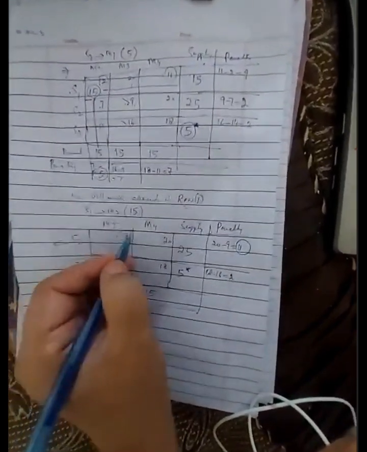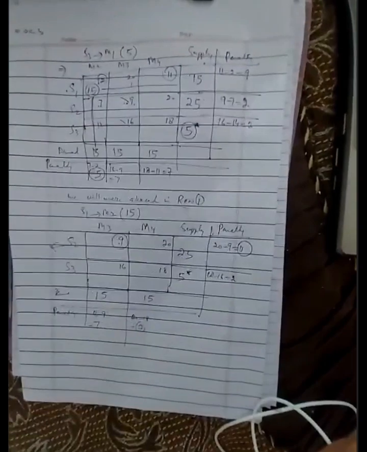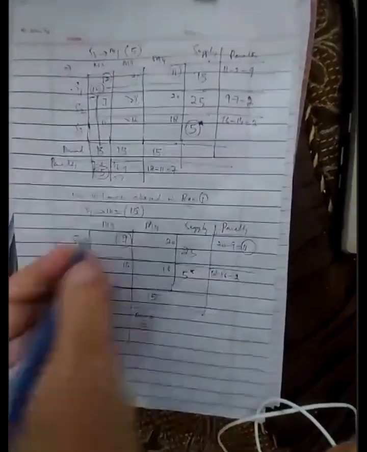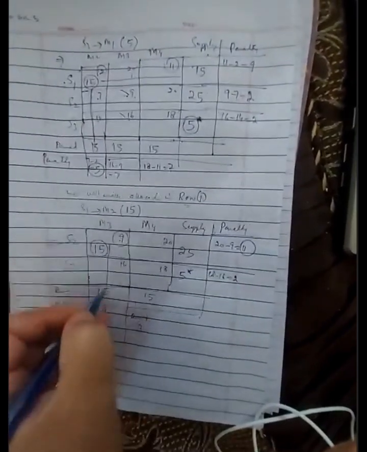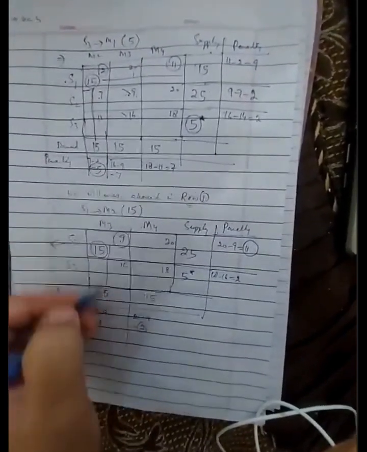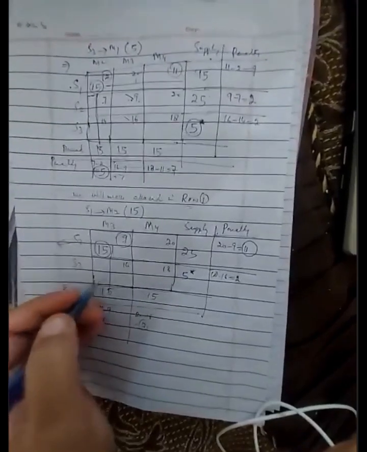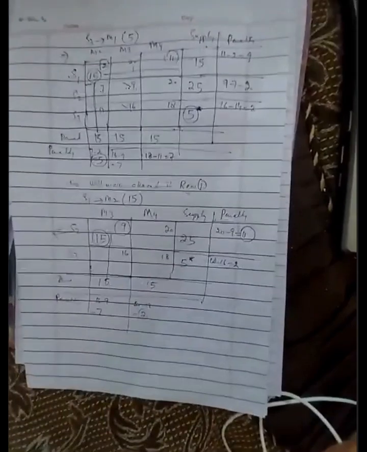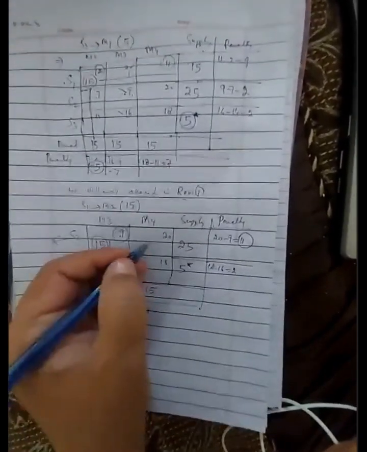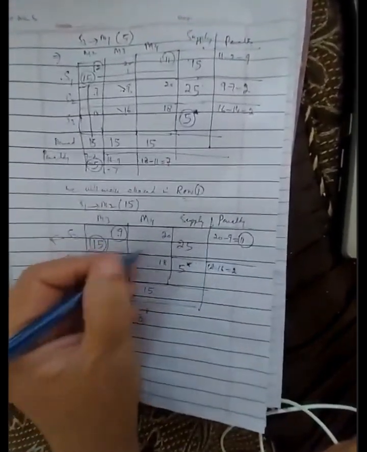Okay. Now 9 is the minimum over here. And the maximum that we can allocate over here is 15. So when we allocate over here, this column will be cancelled out. We have only 1 by 2 left now.